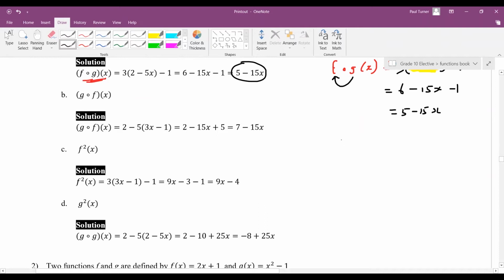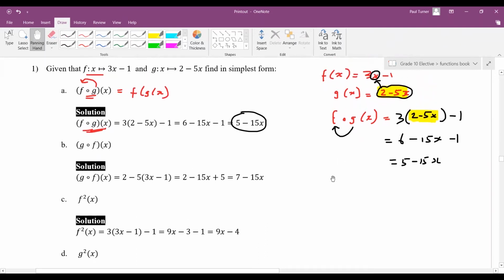So let's write g again. There it is. So I'll just rework the question here. So f is 3x minus 1. f(x) is 3x minus 1. g(x) is 2 minus 5x.